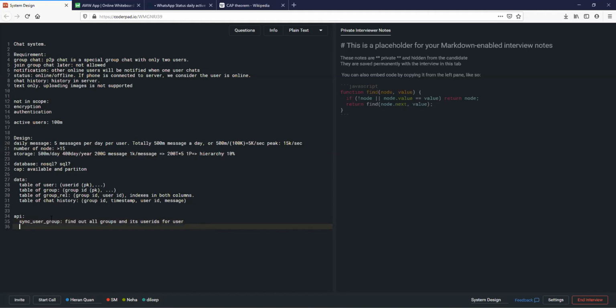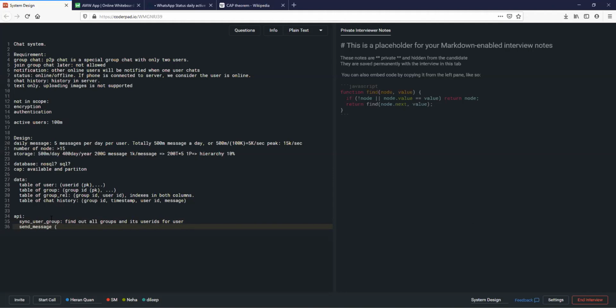So this is a very initial work. And it can also be used if you think your phone is in bad condition, so you can still use this API to sync the data. Another operation can be send message.